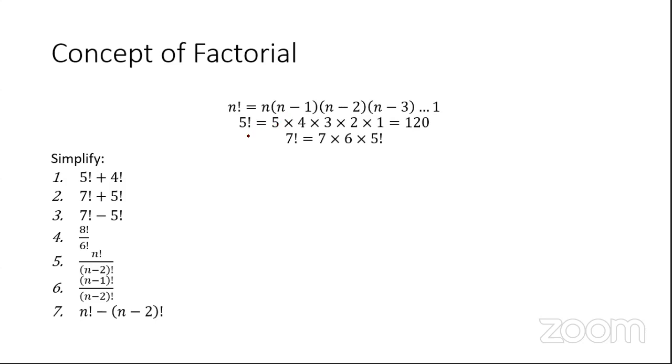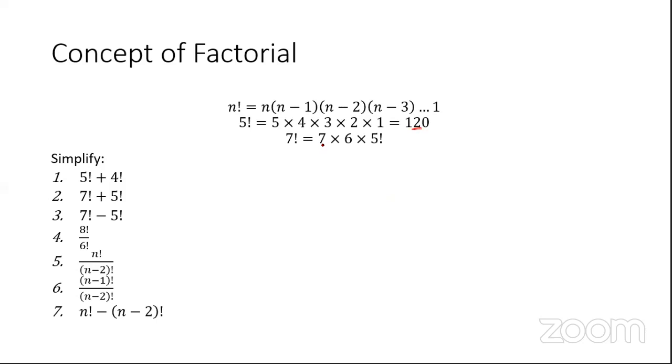For example, 5 factorial. The product of all consecutive numbers from 1 to 5. So that would be 5 times 4 times 3 times 2 times 1, which is 120. 7 factorial means the product of consecutive numbers from 1 to 7.